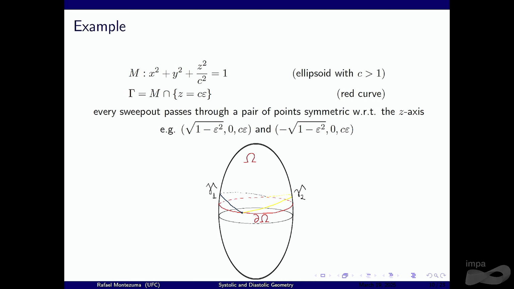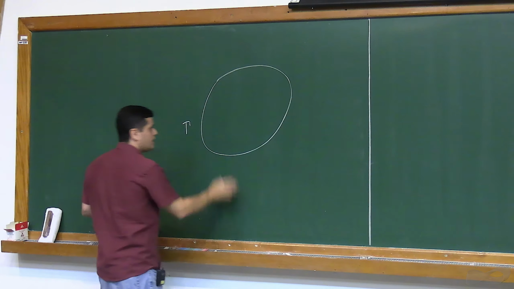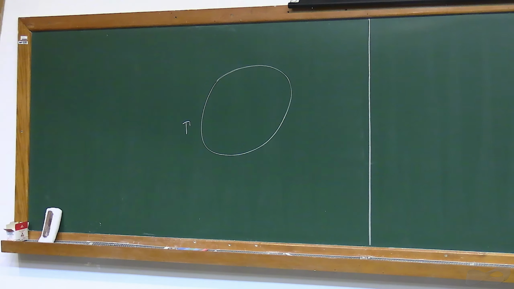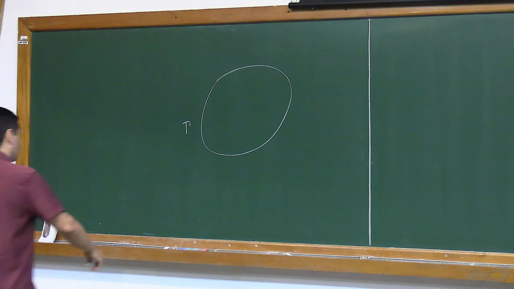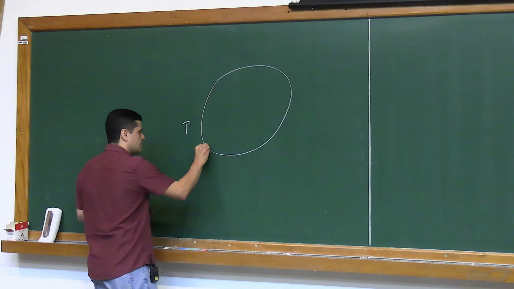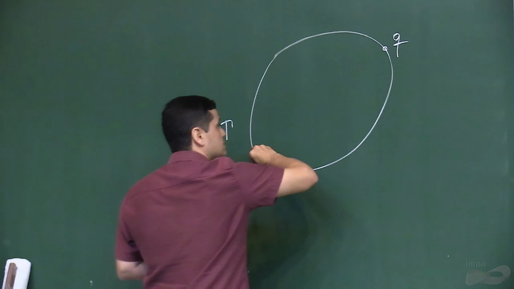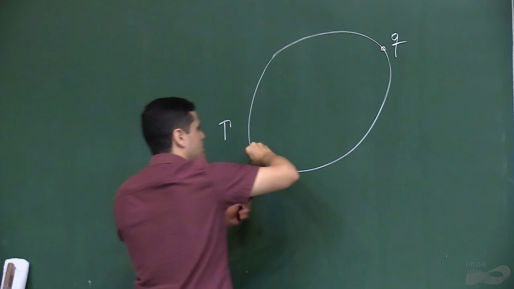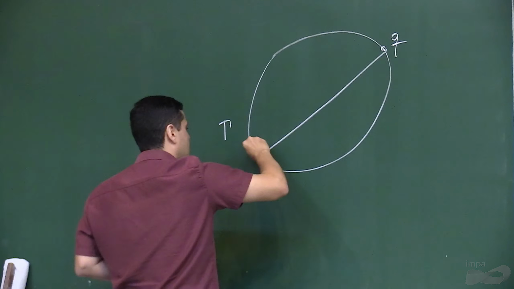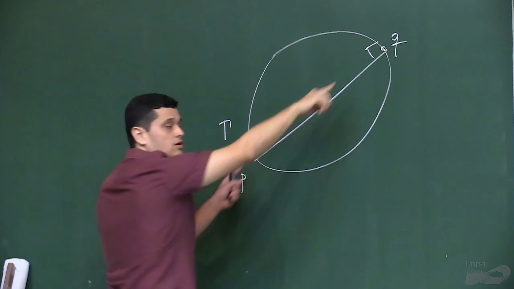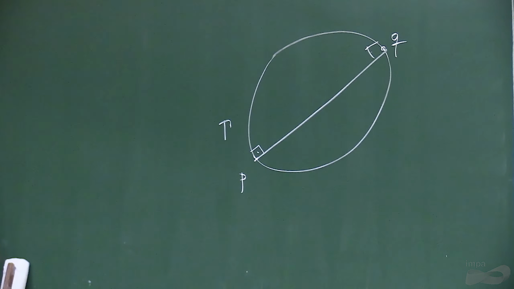If gamma is, for example, the boundary of some convex region, then one could expect to find a critical pair realizing this width, made of this point P and Q, in such a way that the distance between them is just the length of a minimizing geodesic, which is also orthogonal at both points on the boundary. So this can happen, but there are other situations.